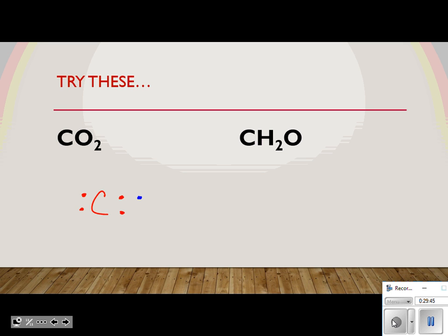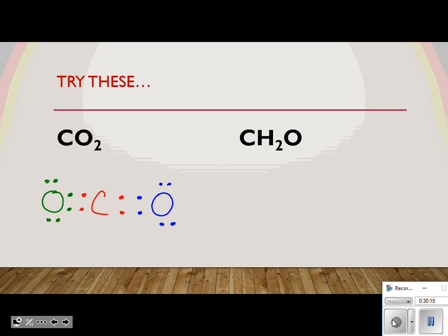So what I'm going to do is I'm going to double bond oxygen there, and I'm going to double bond oxygen here. Now, could I have single bonded and got these to work out?